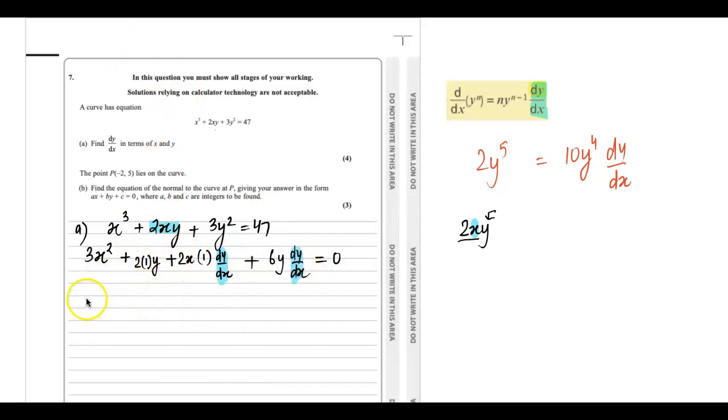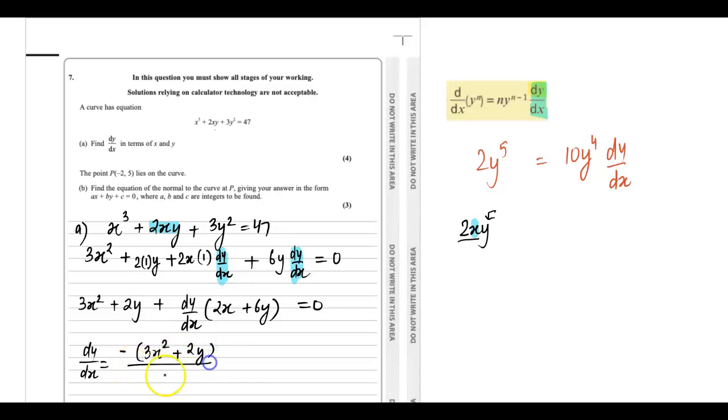So we're going to be having 3x squared plus 2y plus, let's take dy by dx common, dy by dx is 2x plus 6y. That equals 0. Okay, so can we say that dy by dx is going to be negative 3x squared plus 2y over 2x plus 6y, correct? And this is what we've got for 4 marks.